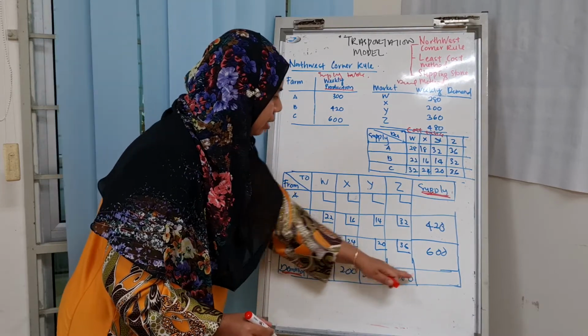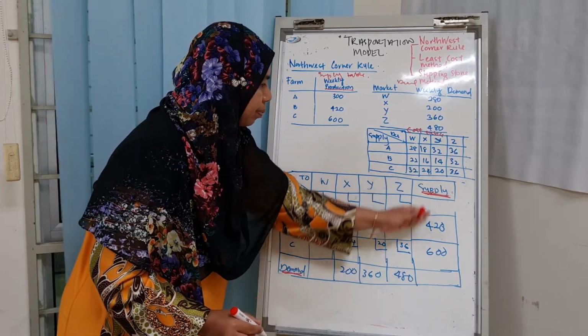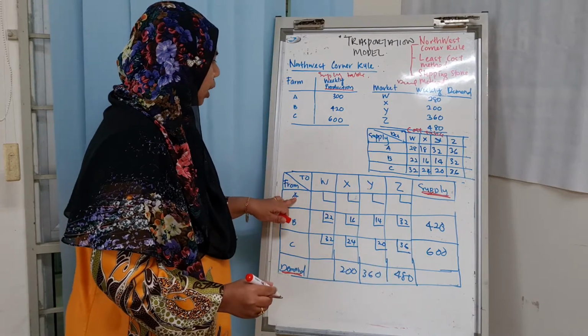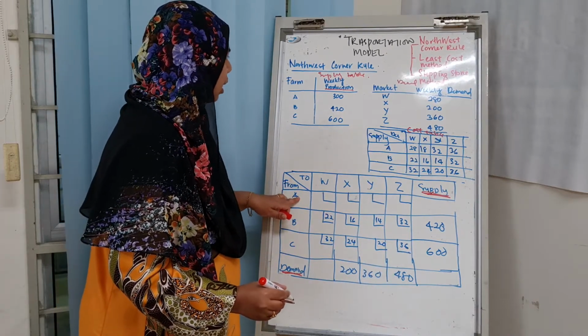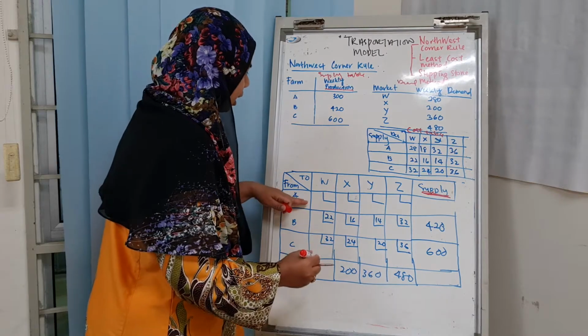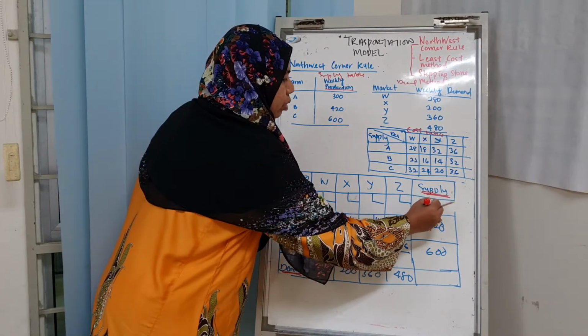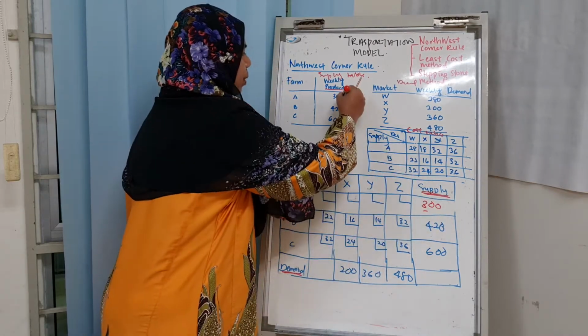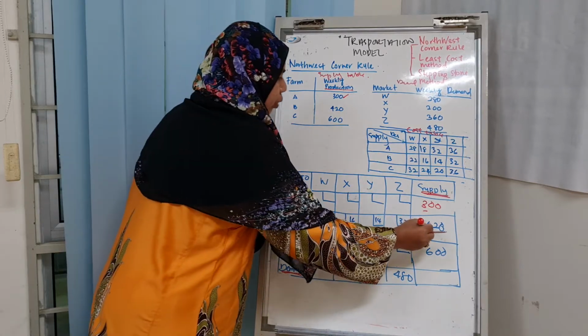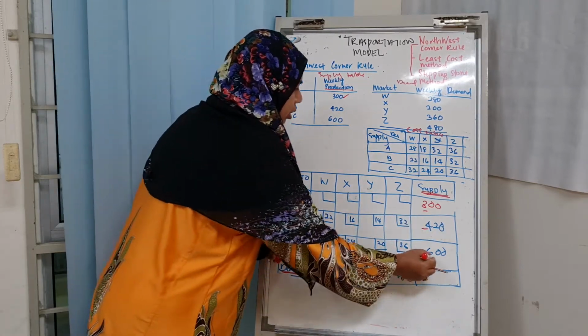Demand is below and supply is here. So A supplies 300, so this 300 comes from here, and then B 420, C 600.